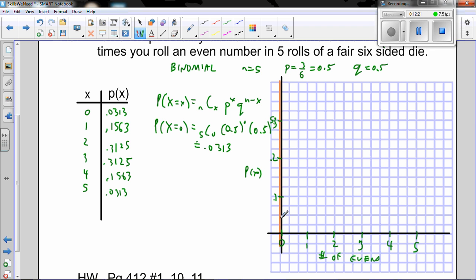0.03 is really small, isn't it? That's 0.05, so 0.03 is maybe there. 0.15 is just about here. I want to do a good job of that, so I'm going to make this one green so it looks nice when I do my dots and sticks. 0.31 is the probability of two even numbers.